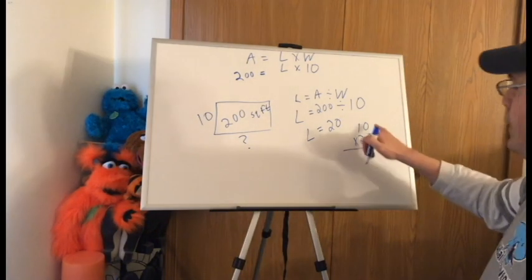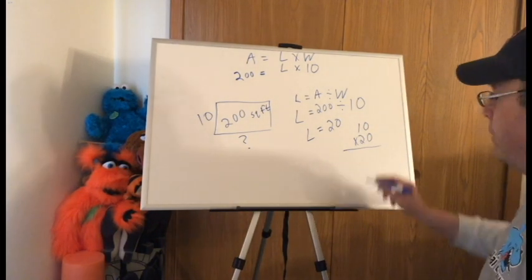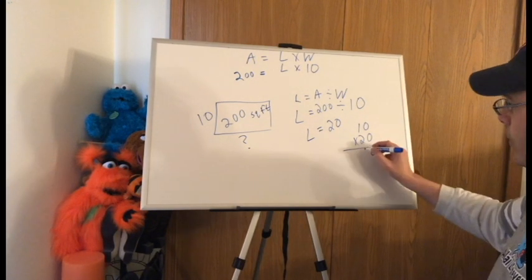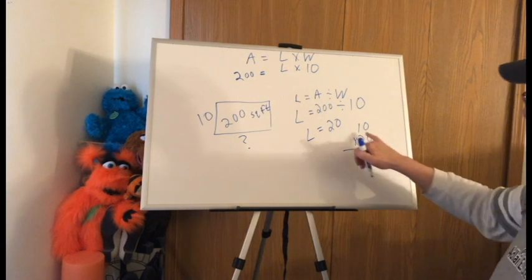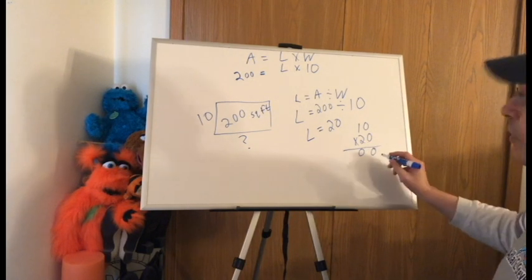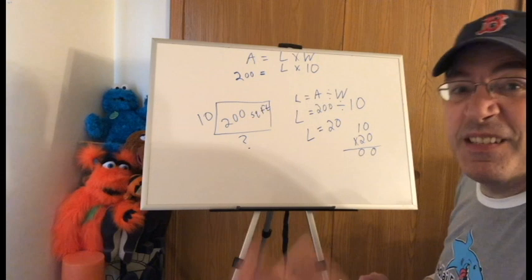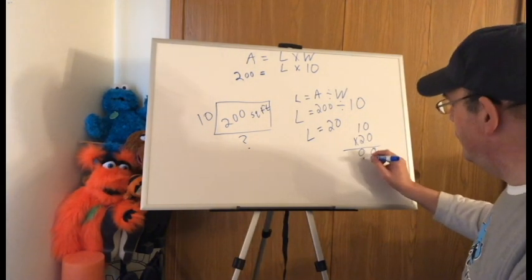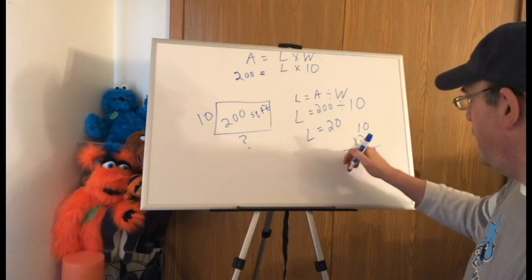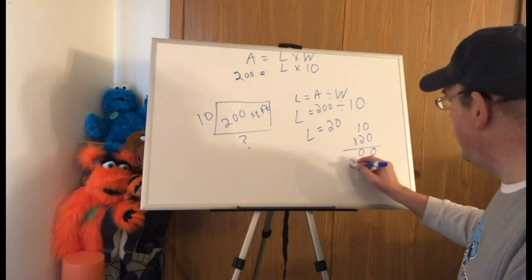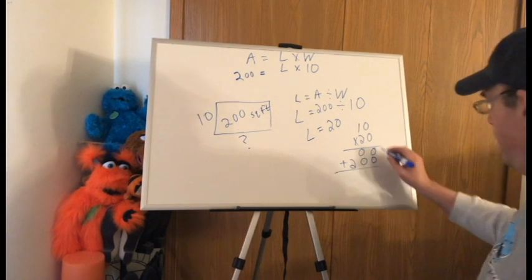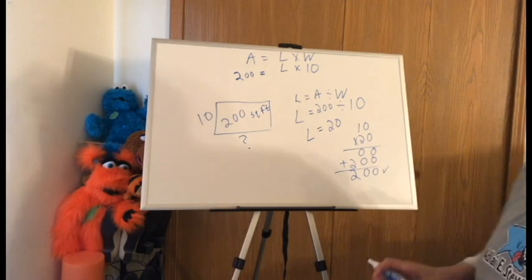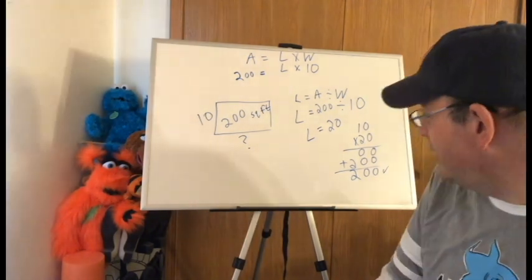This is an easy one. 0 times 0, 0 in the ones place. 10 times 0 tens is 0. Okay, I'm multiplying times 20, so that's 2 tens. I'm going to put a 0 in the ones place. 0 times 2, 0. 10 times 2, 2 tens. Add that together. 200. So we solved it correctly.